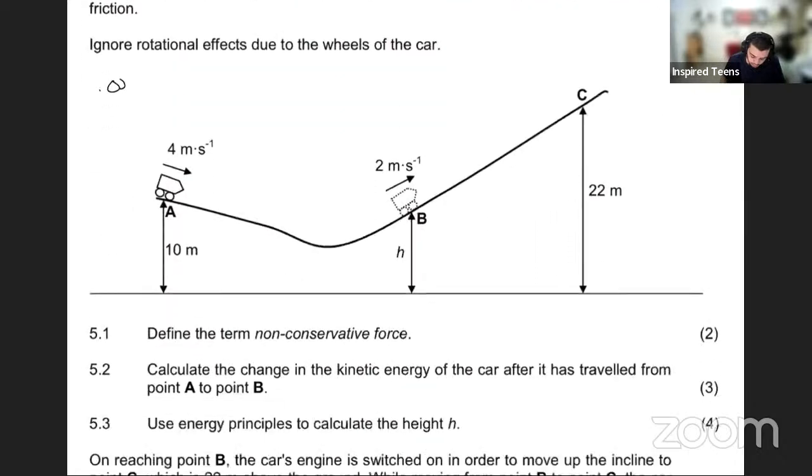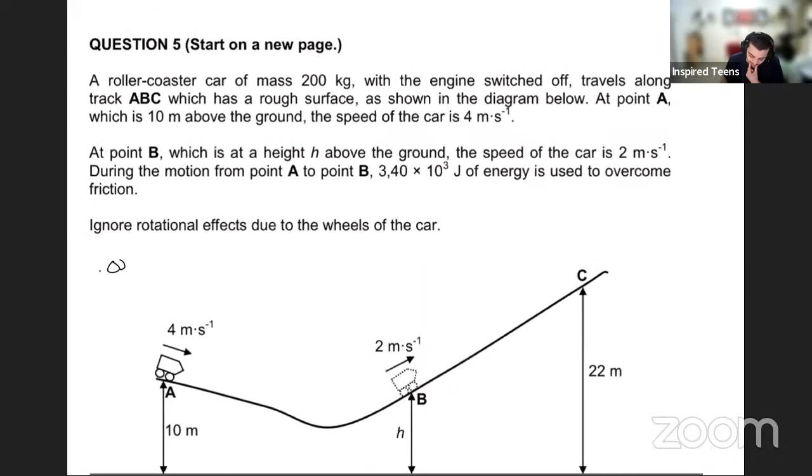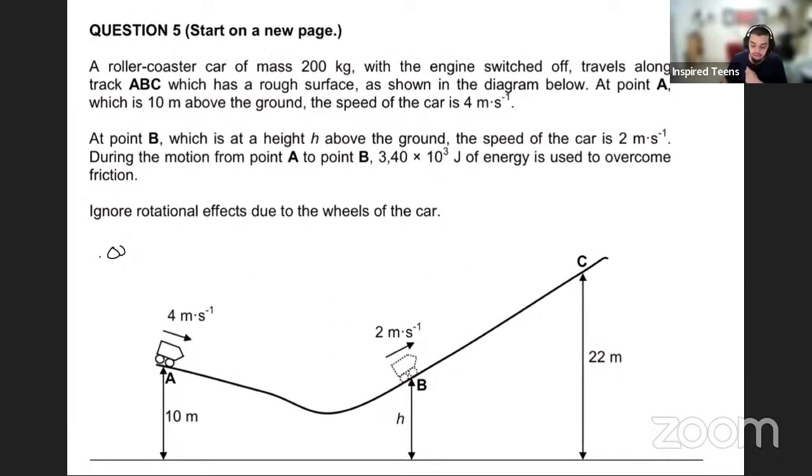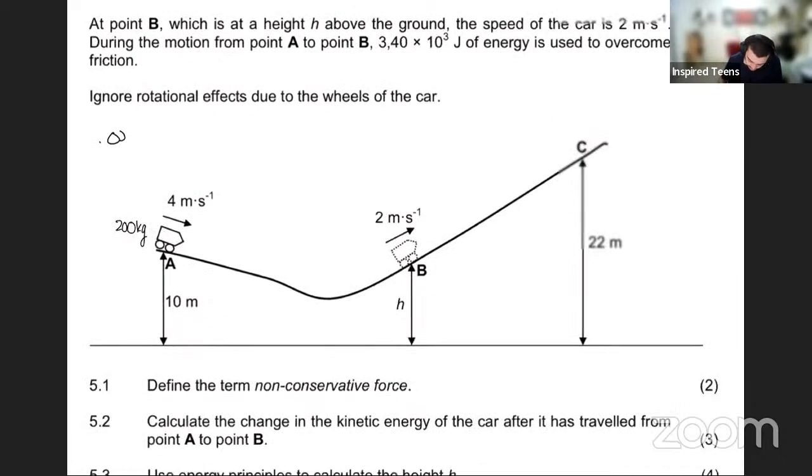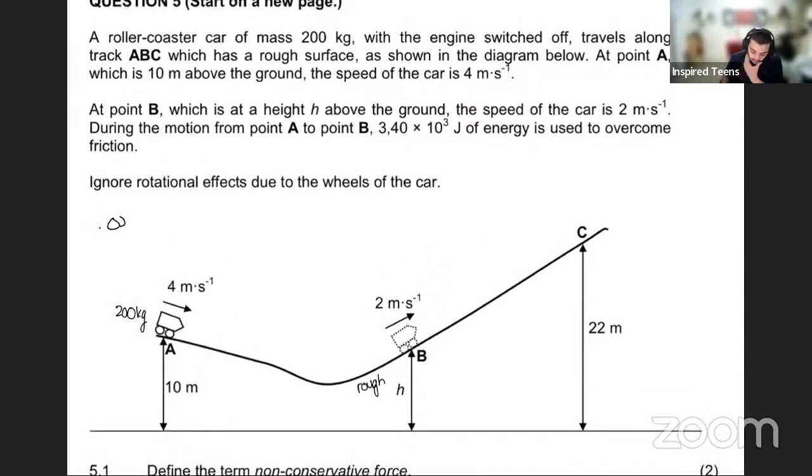Let's just try and put all the information that's not in the diagram in the diagram. So a roller coaster with mass 200 kg, with the engine switched off, so there's no applied force from the engine. It travels along track AB, which has a rough surface, so we need to consider friction.